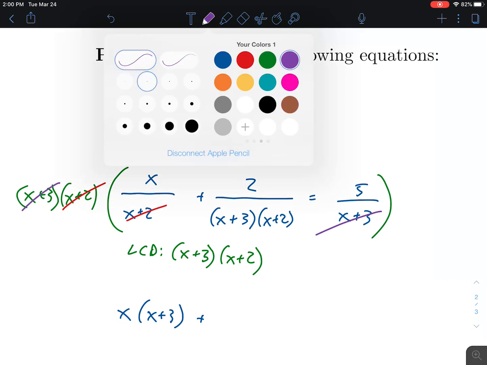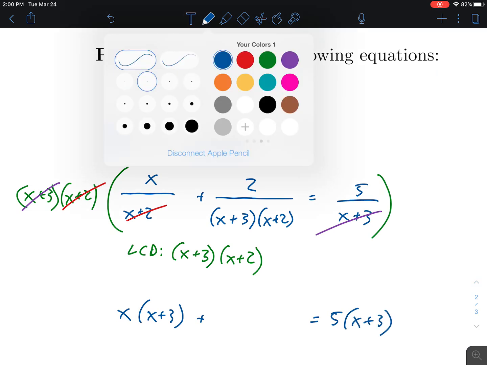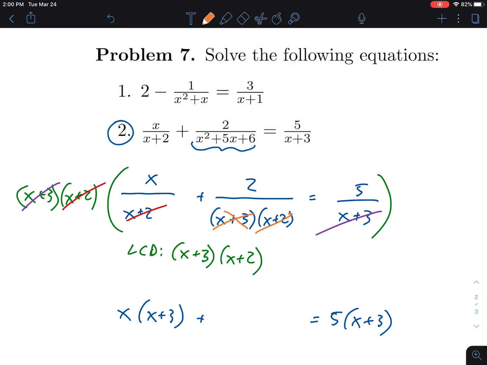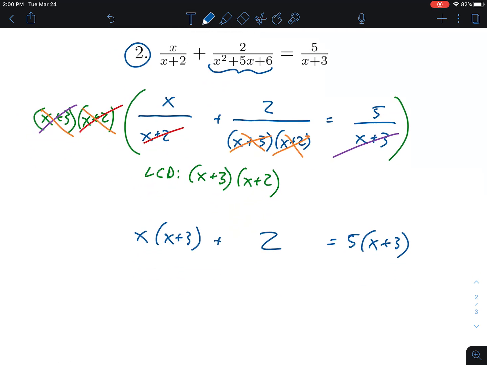And then my x plus 3 cancels out with this one, and I have 5 times x plus 3. What happens in the middle? Well, fortunately, this cancels with both of them, so I just have plus 2. Okay, so we multiply by the LCD. It makes it not fractions anymore. Much easier to solve. I distribute inside: x squared plus 3x plus 2 equals 5x plus 15.